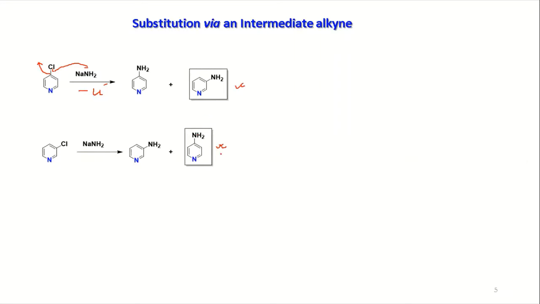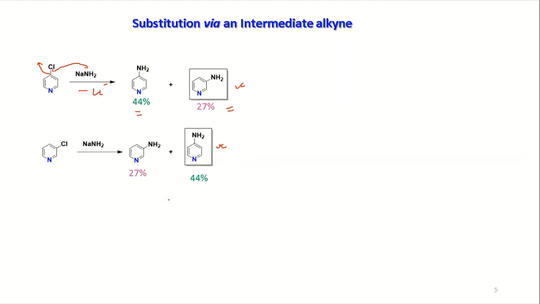So that means something is going on. It's not like what we think in a regular way. If you look at the proper distribution of the products, what we find is that both reactions are giving exactly the same result. For the case of para-chloropyridine, the NH2 group incorporation at the para position is 44%, and at the meta or beta position is 27%.